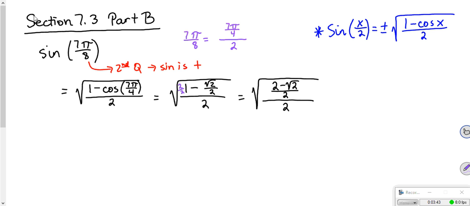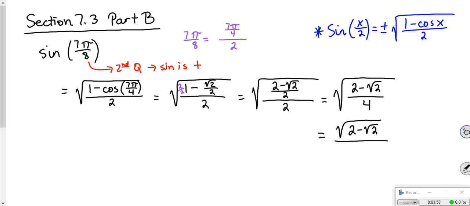So this then is going to give me square root of 2 minus root 2 over 4, which is square root of 2 minus root 2 over 2, because the square root of 4 on the bottom is just 2.